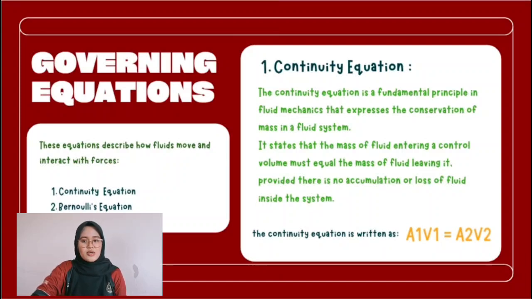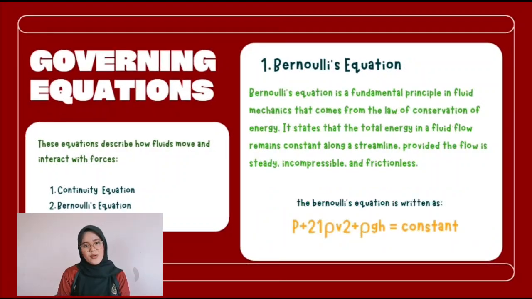The continuity equation is written as A1 V1 = A2 V2, where A is the cross-sectional area of the flow, while V is the velocity of the fluid at the section.